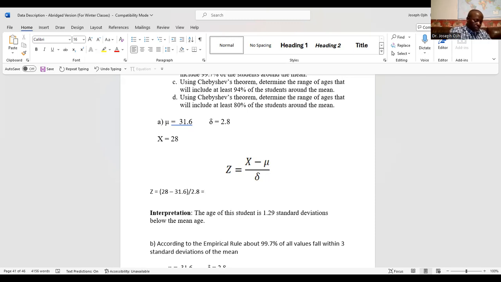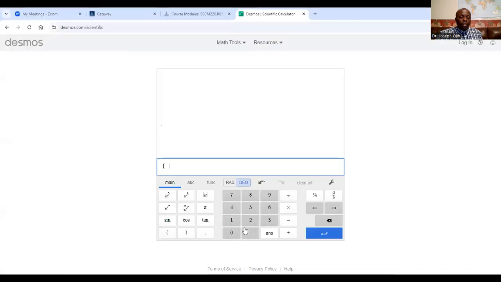Let's put this on the calculator: 28 minus 31.6 divided by 2.8.